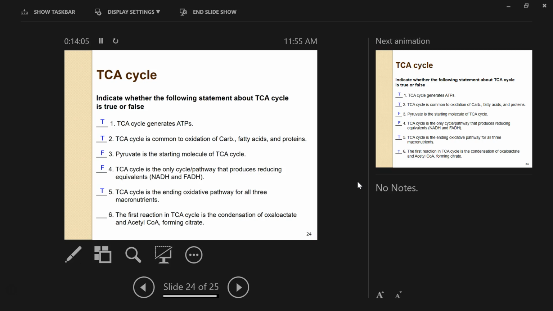So I think both could be true, depending on how we understand it. So this is not a clear true or false. Whether it's the right answer or not is not our final purpose. I just want you guys to understand the whole process, right? So you guys are right. It's not the final step if we consider ATP production.